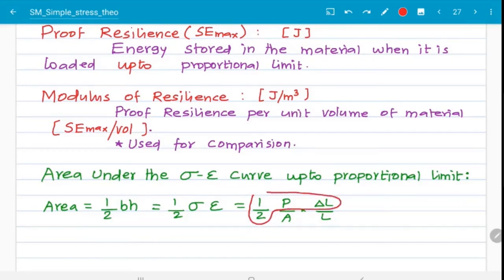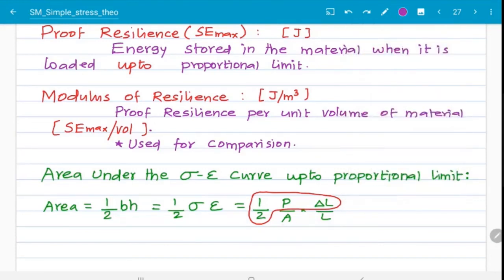See this group. Effective gradually applied load is half into P. So effective load into displacement is what? Work done, or strain energy.